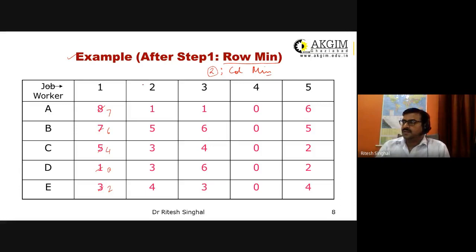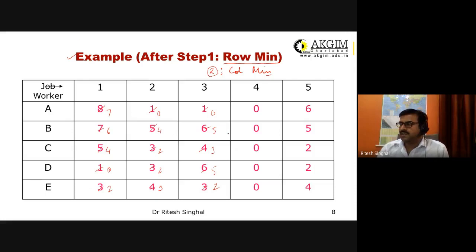Similarly, in the second column, the minimum cost element is 1. Subtract this from the second column. So 1 minus 1, again minus 1, 3 minus 1, and 4 minus 1. In the third column, the minimum cost element is 0. So 0, 5, 3, 5, and 2. But in the fourth column, there are already a number of zeros available, so there is no change.